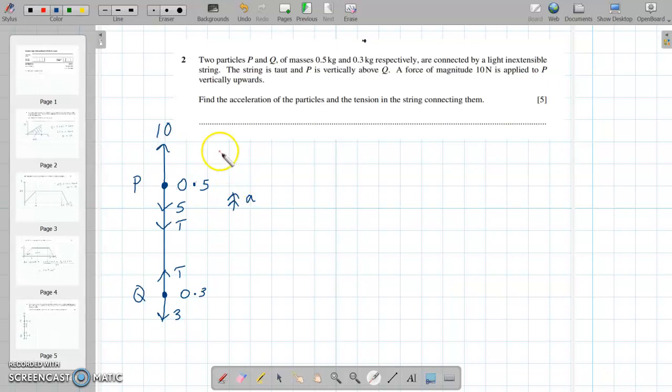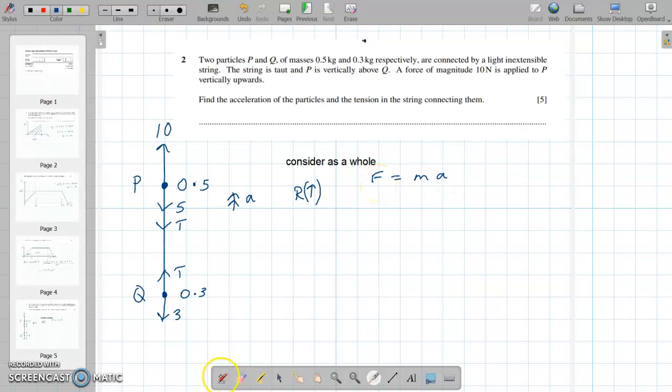The acceleration of the whole is A, the acceleration of P is A, and the acceleration of Q is A. Let's consider it as a whole and resolve up, using Newton's law, F equals ma: the total resultant force going up equals the total mass times the total acceleration.